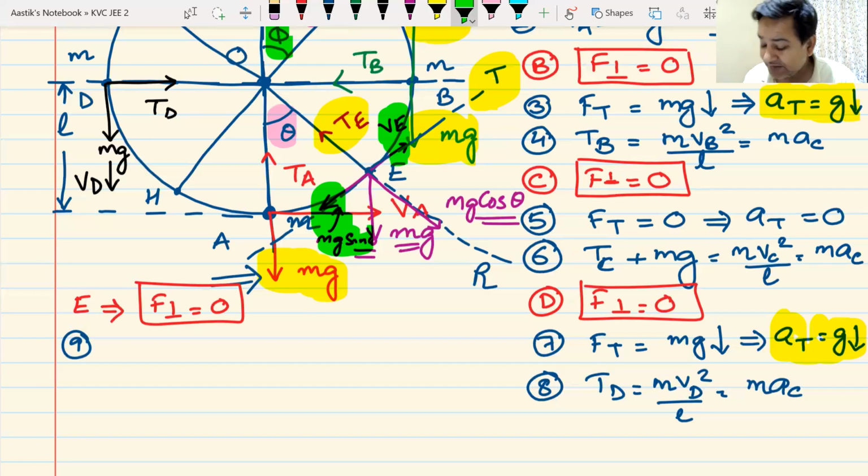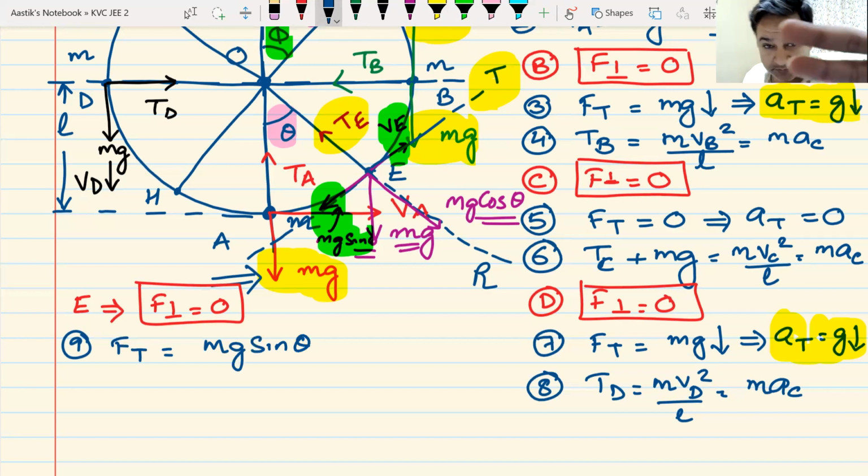Remember, this mg sin theta is the tangential force. So let me write it first. Ft, the tangential force, is mg sin theta. There are two things about a force. One is the magnitude, the other is the direction. I've written the magnitude. Let me write the direction.